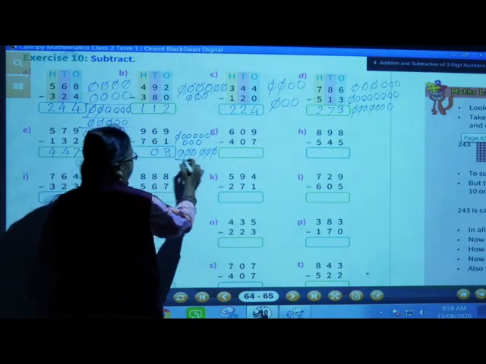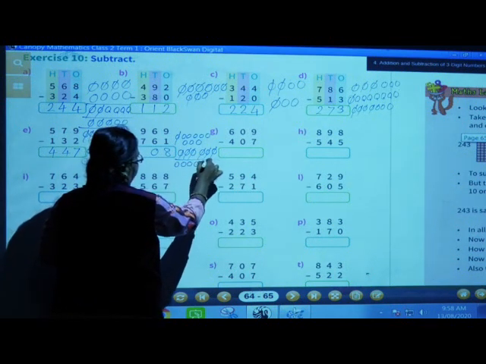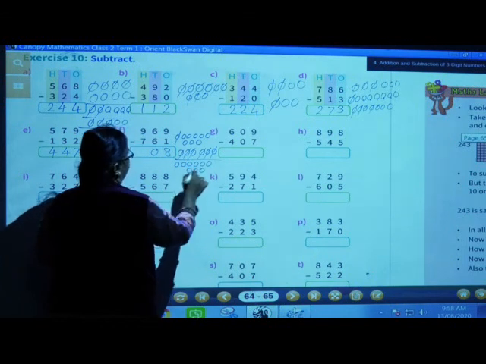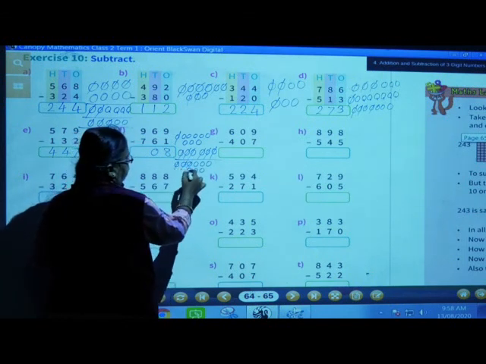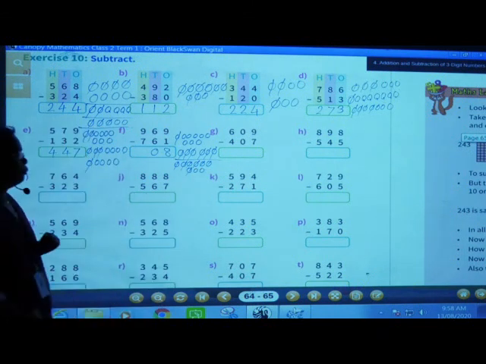Then 9 minus 7. 1, 2, 3, 4, 5, 6, 7, 8, 9. 9 minus 7. Cut 1, 2, 3, 4, 5, 6, 7. How many remain? 2.